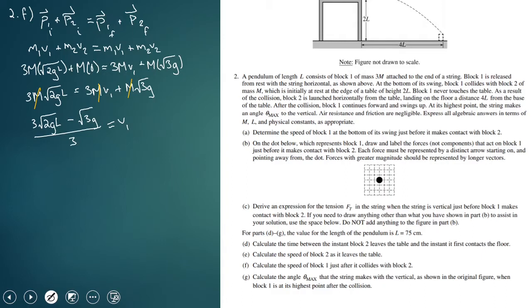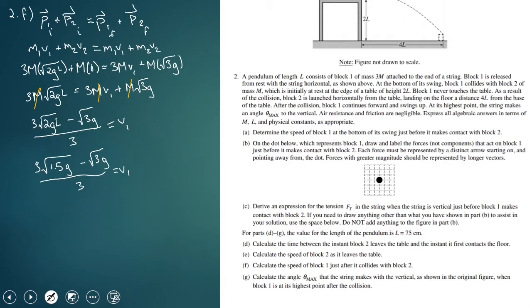And so you could leave it like this. I think we can substitute for L as 0.75 meters. And so we get 3 times the square root of, keep in mind this is 1.5g, minus the square root of 3g, over 3 is equal to v1. And while this is an exact enough answer, I think it might be helpful if we just solve for this.